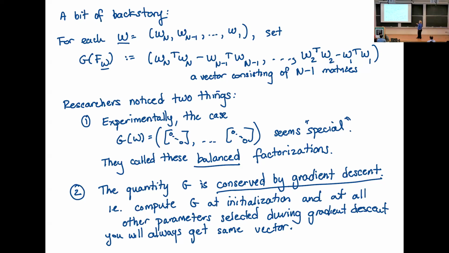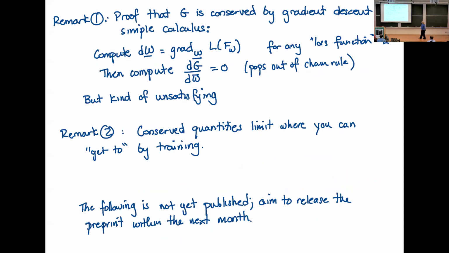Okay. So, right. So why is this? So the fact that this G is conserved by gradient descent, you can actually see it just come out of calculus. And it's not very illuminating. So just pick a loss function, whatever your loss function is. And when you compute the gradient vector with respect to that loss function, well, whatever that is, you can then compute the derivative of this G quantity in that direction.